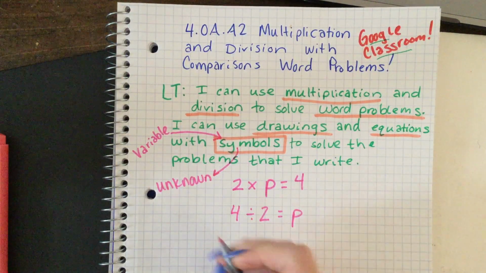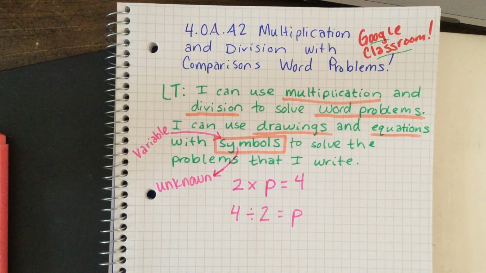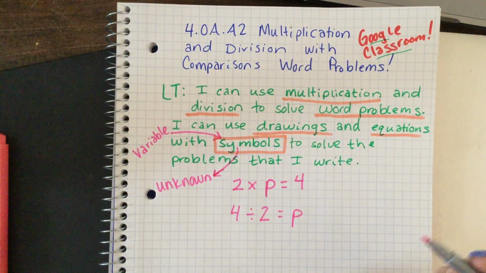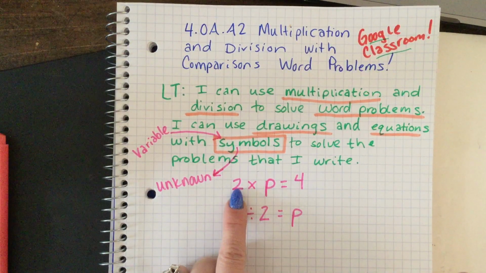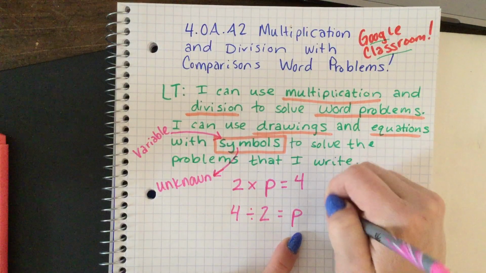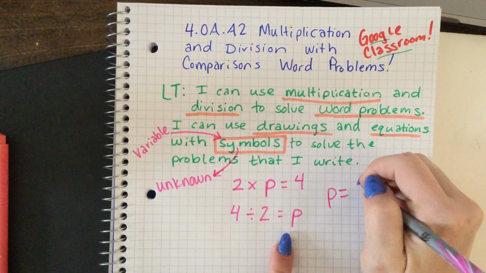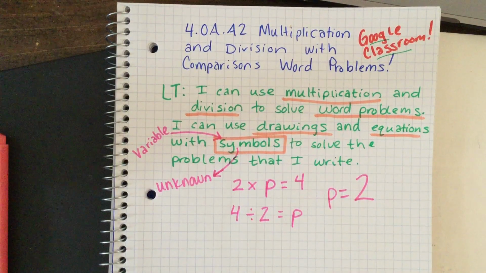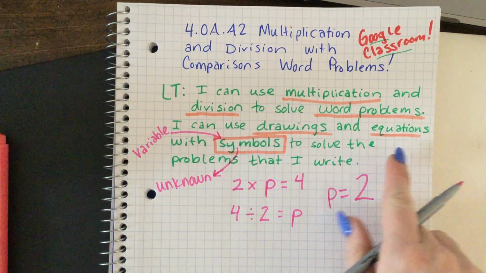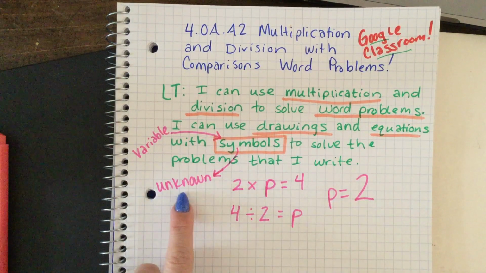Of course, you probably know what it is in your head because you know this one in a snap, but this is just an example. Okay, so because this is our unknown, 2 times P equals 4, or 4 divided by 2 equals P, we know in our brains that P equals, you guessed it, 2. So when we're solving these problems, we're going to be using those symbols in our equations to represent what is unknown.